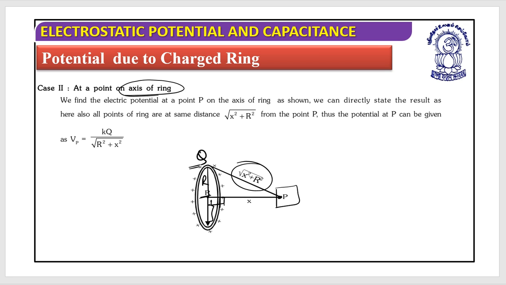So the potential at point P due to the charged ring is Vp equals kQ divided by the square root of r square plus x square.